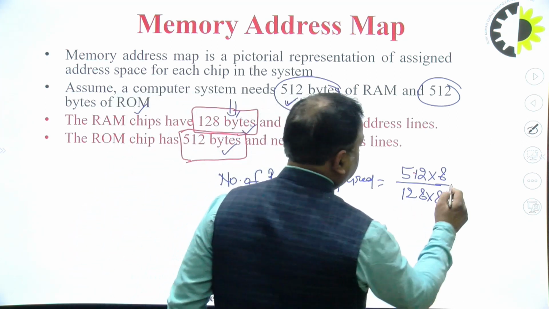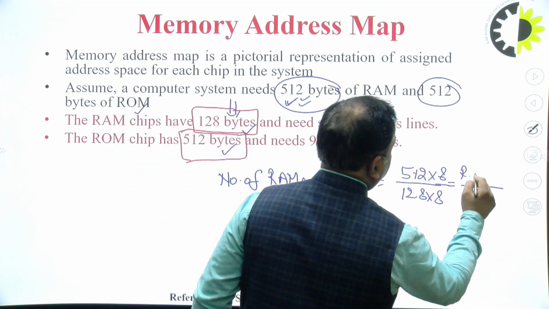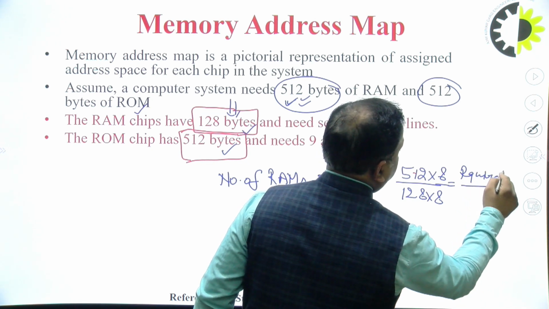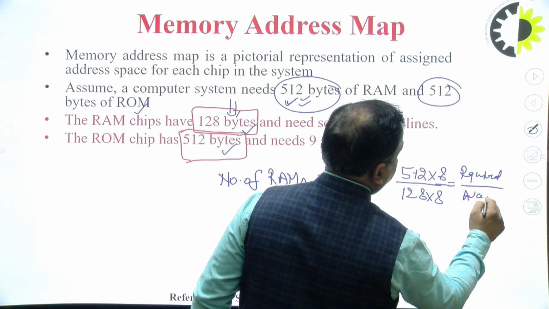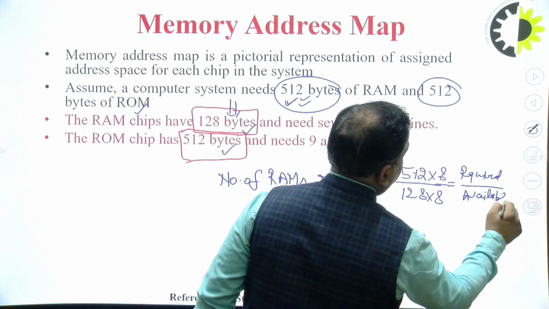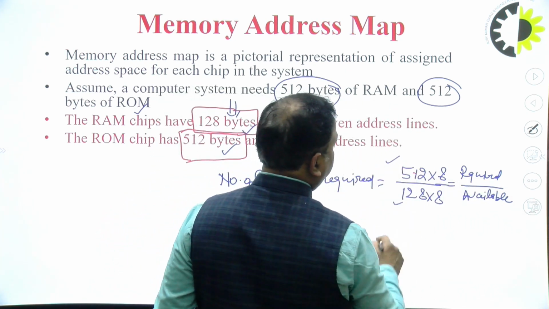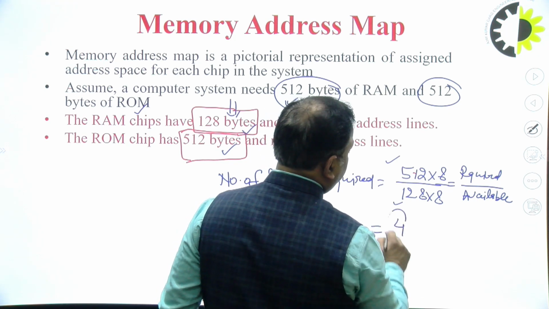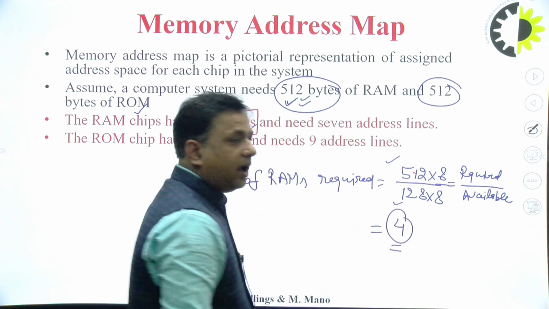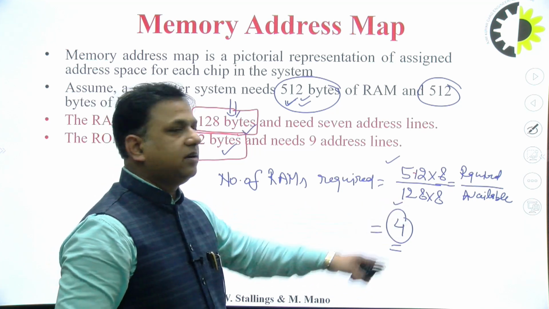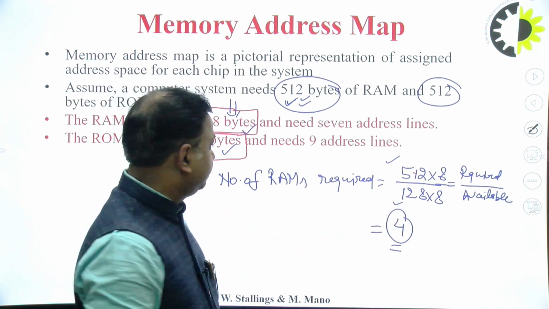Required size upon available size. So required is 512 bytes and available is 128. So we can easily compute that 4 RAMs are required of size 128 cross 8, right?